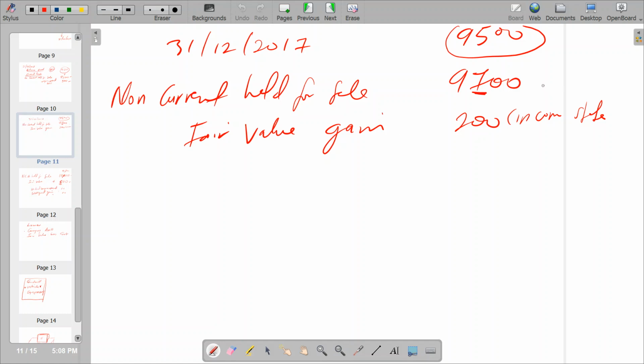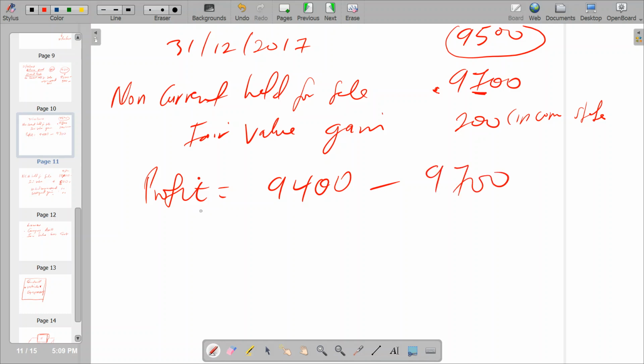So in our first scenario, where the fair value was 9,700, our profit is just the selling price minus the cost. So now the selling price is 9,400 and then the cost is 9,000.